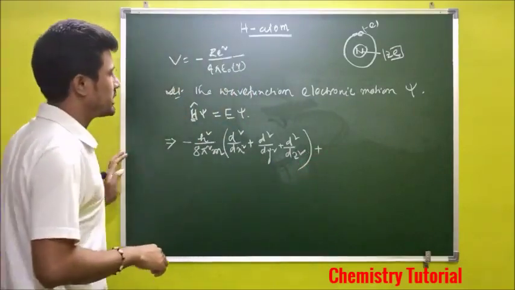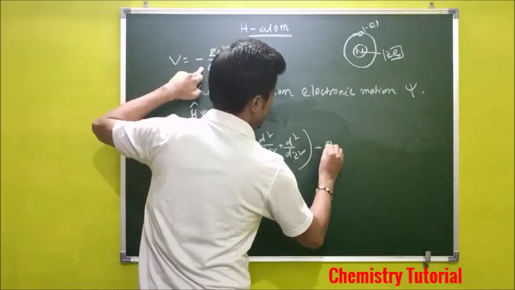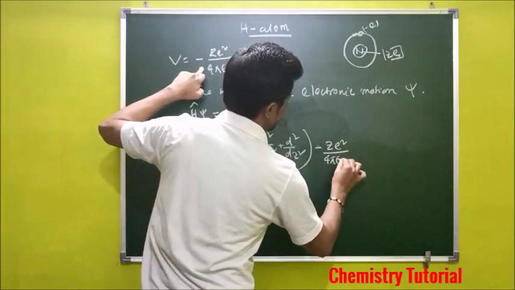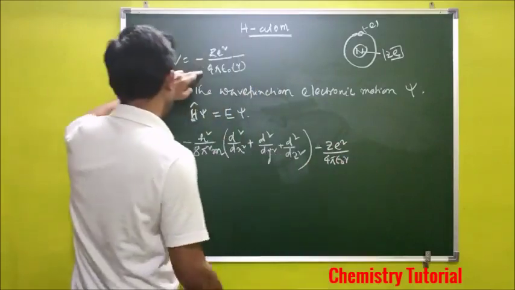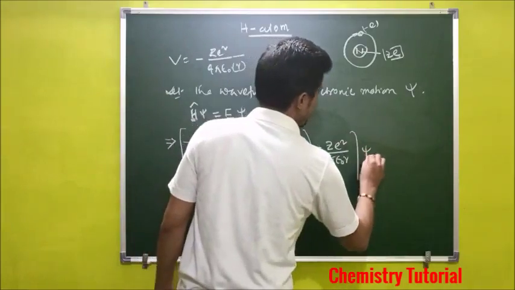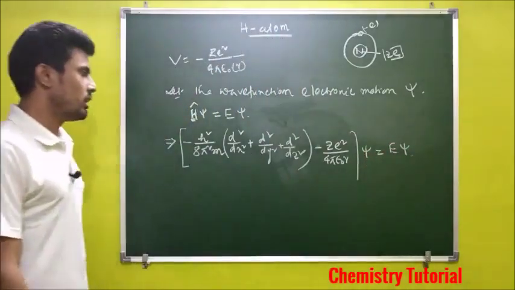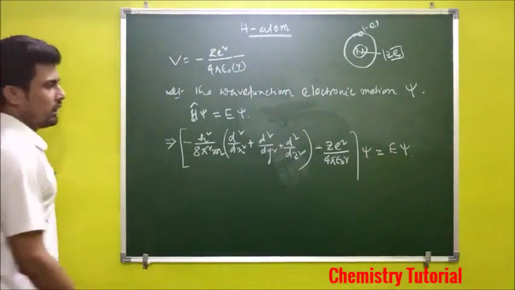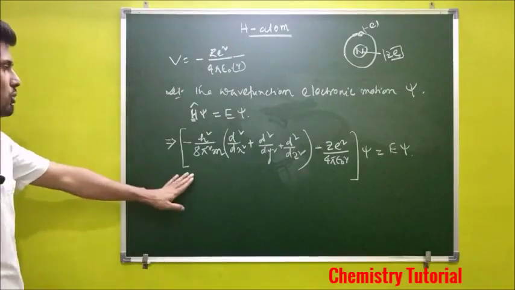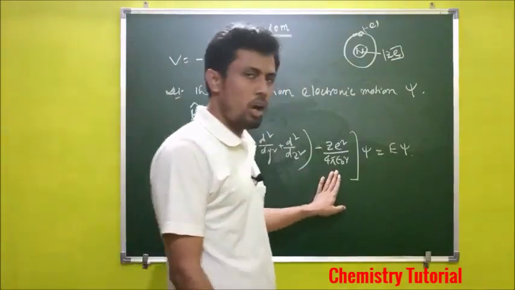We know the potential energy, so we can write minus Ze squared divided by 4 pi epsilon naught r. So this whole thing acts on psi equals E psi. This is the Schrödinger equation, expressed in terms of Cartesian coordinates, where this is the kinetic energy operator and this is the potential energy operator.